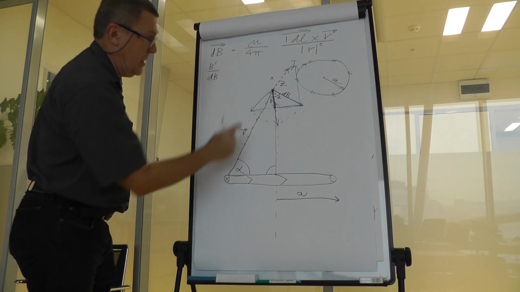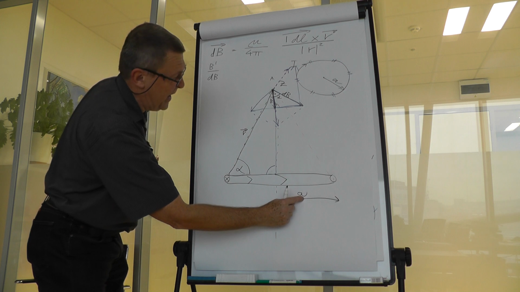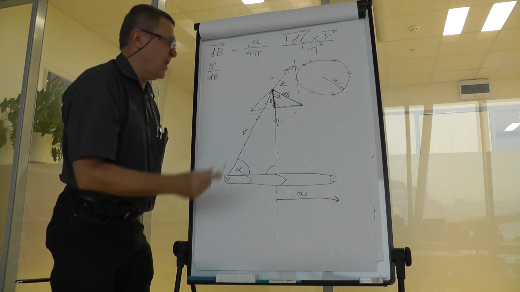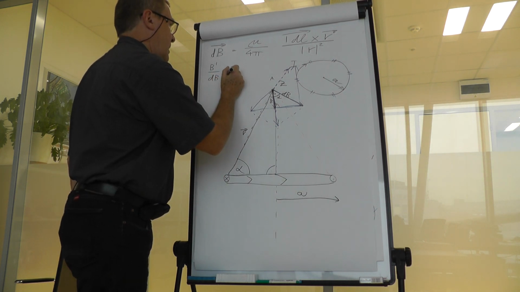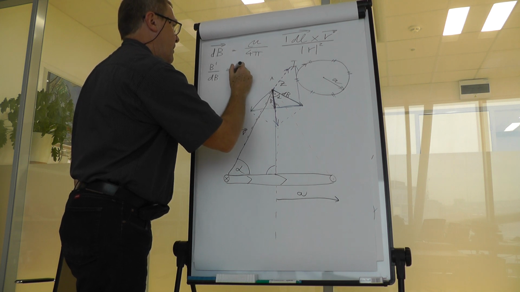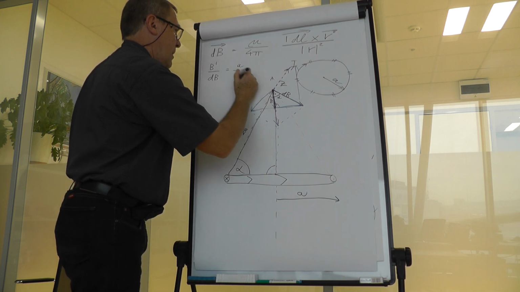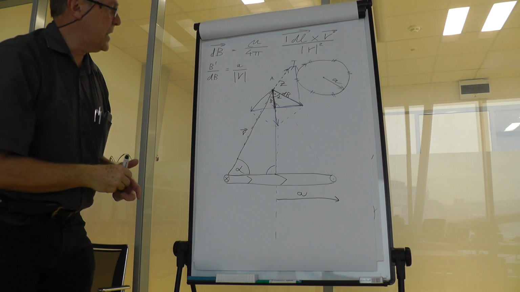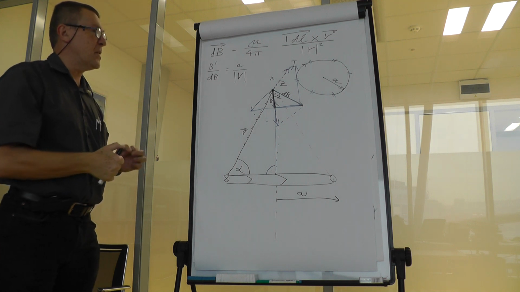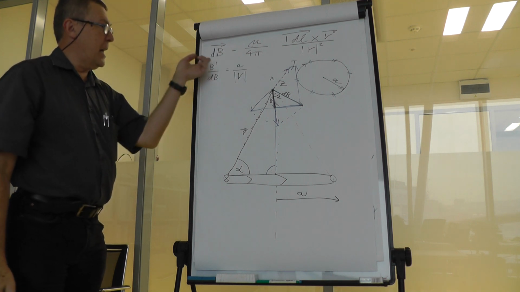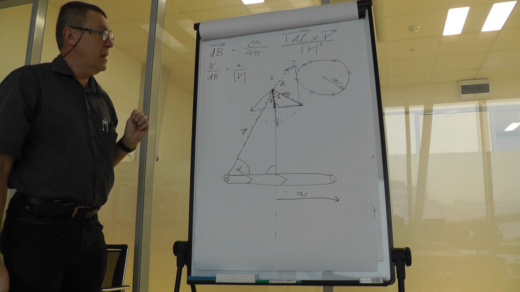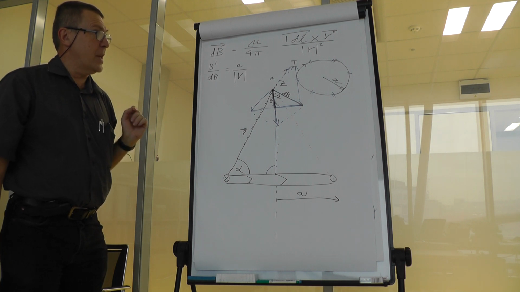So this over this is small a divided by the magnitude of the radius vector. So now we can get this into an equation.